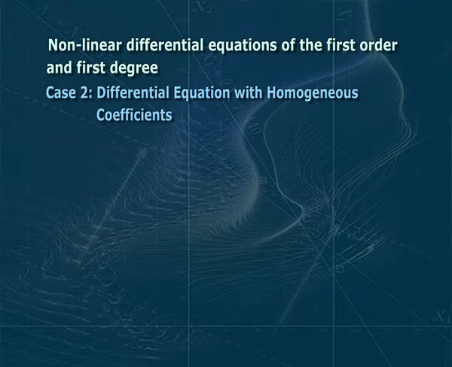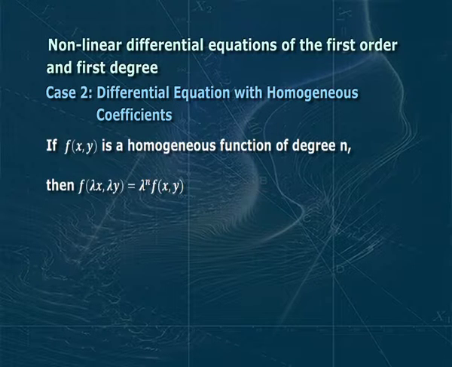Now let us consider case 2, differential equation with homogeneous coefficients. If f(x,y) is a homogeneous function of degree n, then f(lambda x, lambda y) is equal to lambda^n f(x,y).